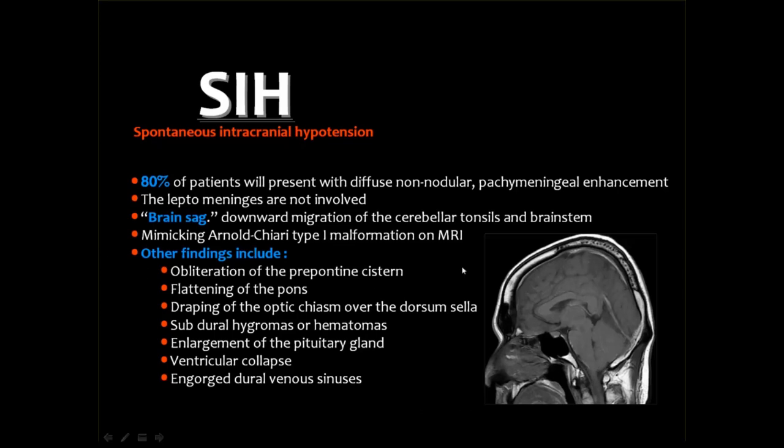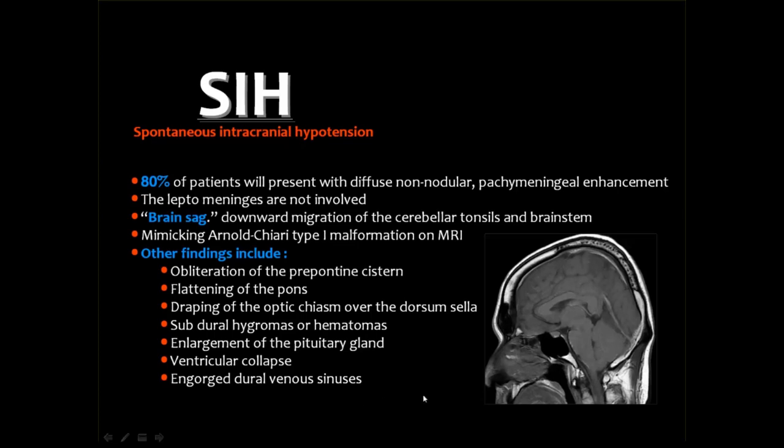Other findings may include obliteration of the prepontine cistern, flattening of the pons, draping of the optic chiasm over the dorsum sellae, which is displaced backward, subdural hygroma or hematoma, enlargement of the pituitary gland, ventricular collapse, and engorgement of the dural venous sinuses.